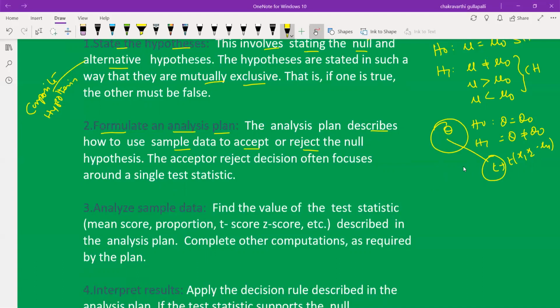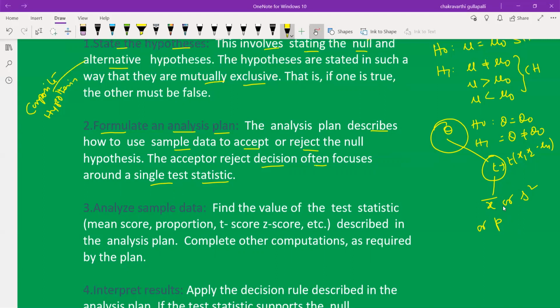So you have to describe the plan to accept or reject the null hypothesis. The accept or reject decision often focuses on a single statistic. Here, mainly, the researcher considers the sample mean as a single statistic, or the sample variance, or the sample proportion.